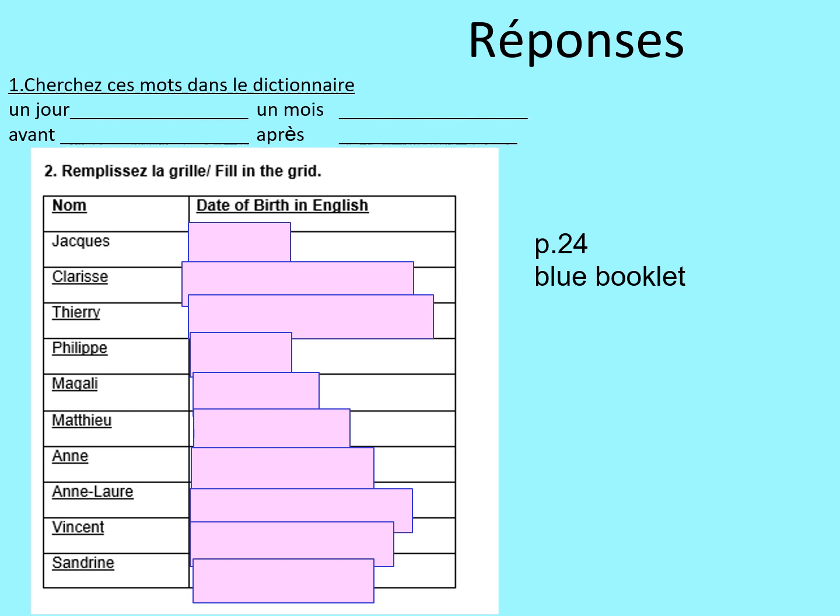Okay, let's go through these answers then. We've already seen the first few. Un jour, we know, is a day or one day. Un mois is a month or 1 month. Avant is before. Après is after. Jacques' birthday is on May the 3rd, as he tells us. Clarisse's birthday is on the 25th of February.